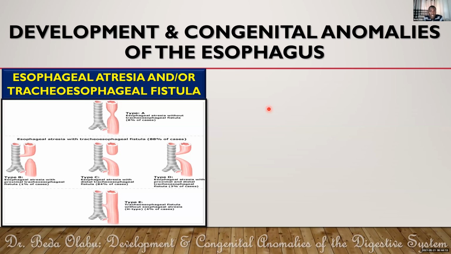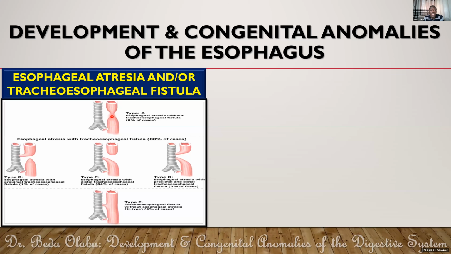There are 5 different types of this entity. Let's look at the first one. In the first image, we don't see abnormal communication between the trachea and the esophagus, so we don't have tracheoesophageal fistula. However, we see some point of narrowing of the esophagus.